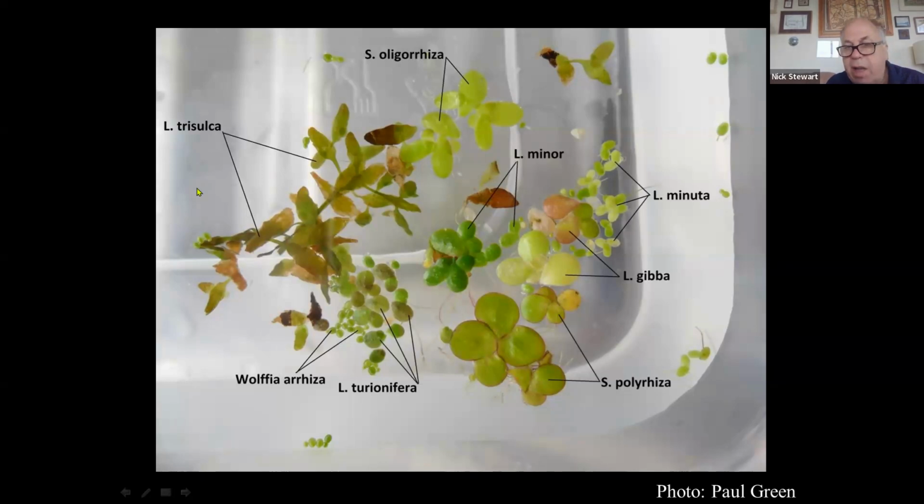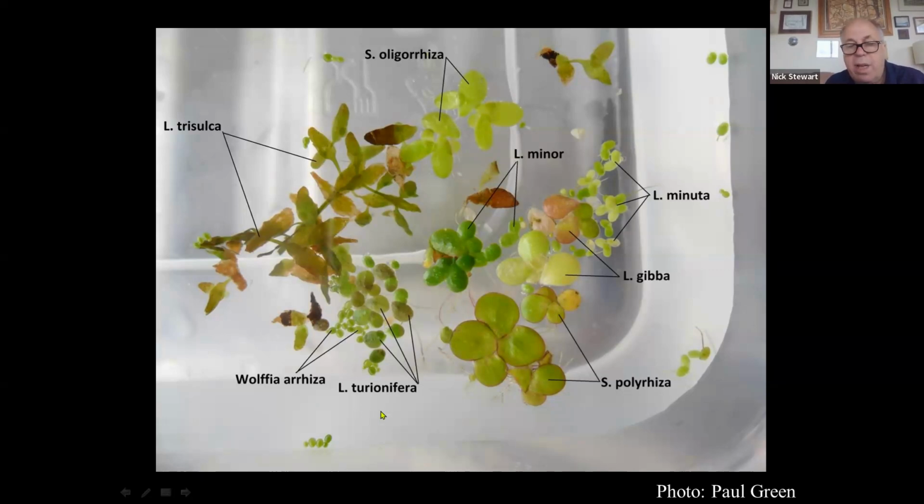But there are another 5 to think about. Two of these are medium-sized, which are Lemna minor and Lemna gibba, and the other 3 are distinctly smaller. So we've got Lemna minuta here. There's another one called turionifera here, again a small one, and there's a third one which isn't in this picture, which is Lemna valdiviana.